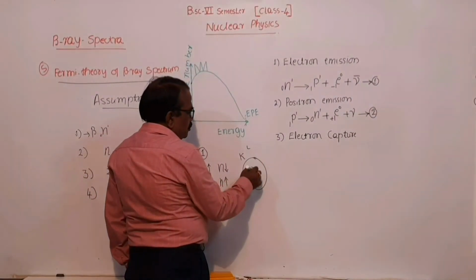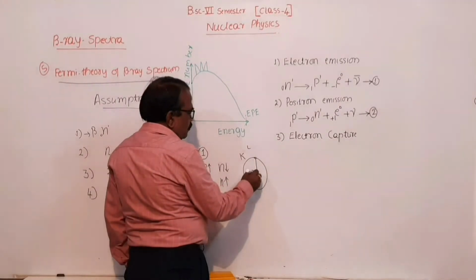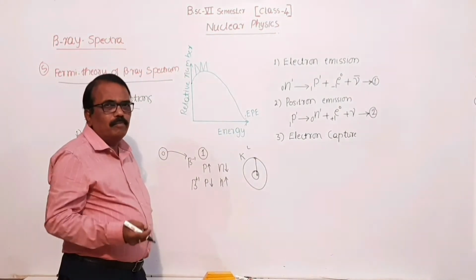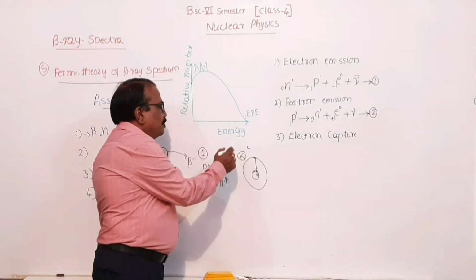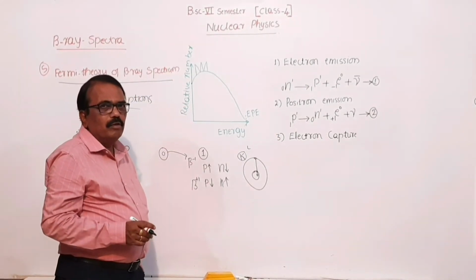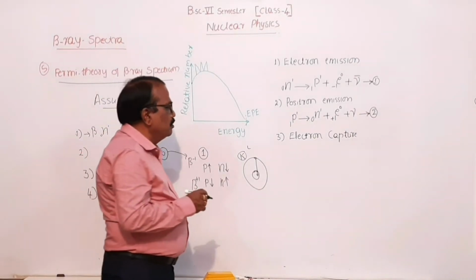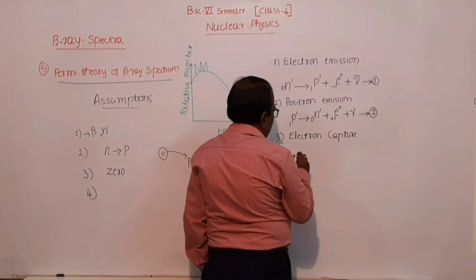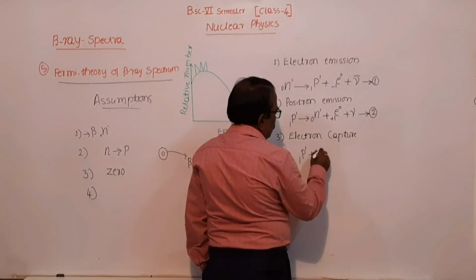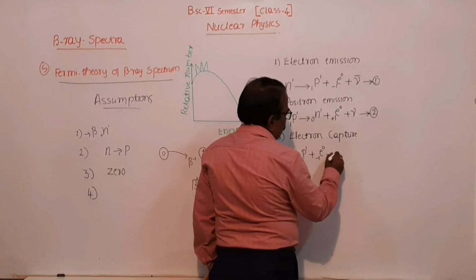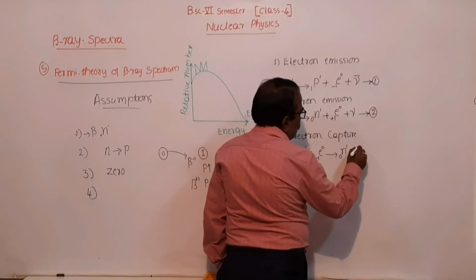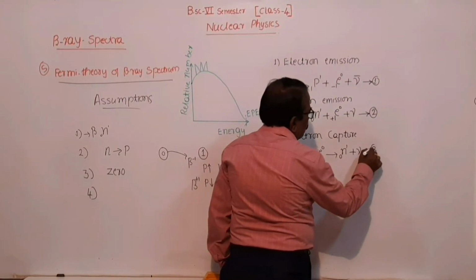This nucleus captures one of the electrons from its nearest orbit. Say the nearest orbit is K shell. It is also called K capture. Then a neutrino is emitted. This equation can be represented as: the nucleus captures an electron and it is converted into neutron, thus neutrino is formed. Call this equation 3.